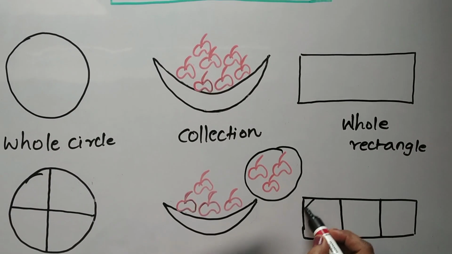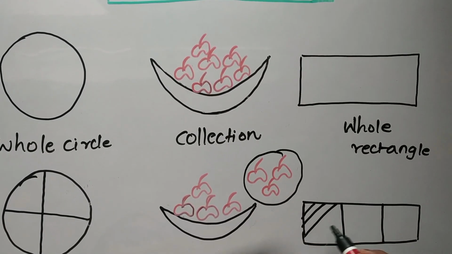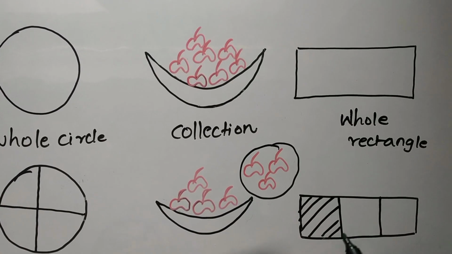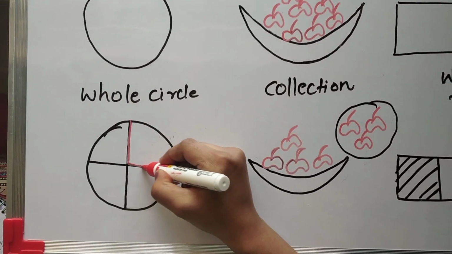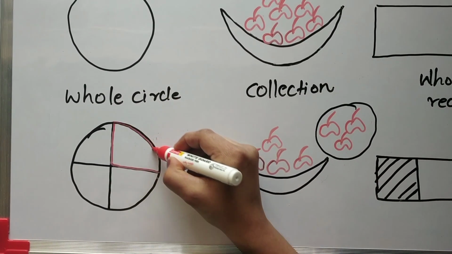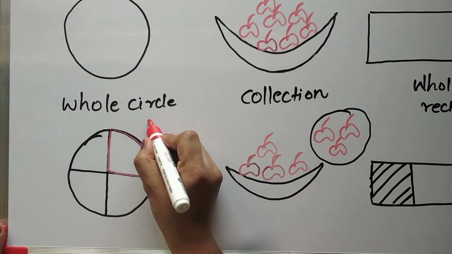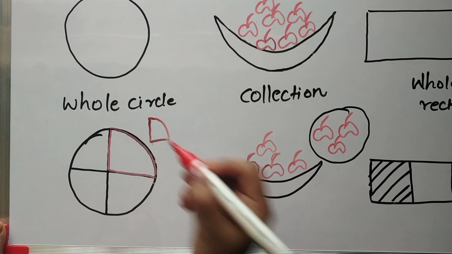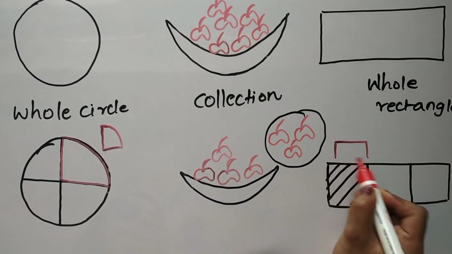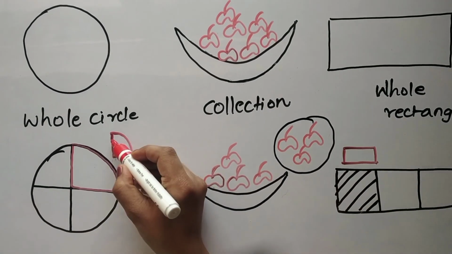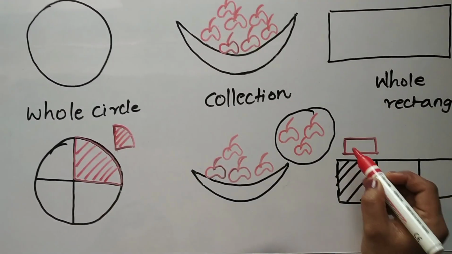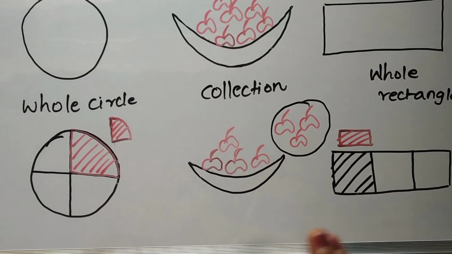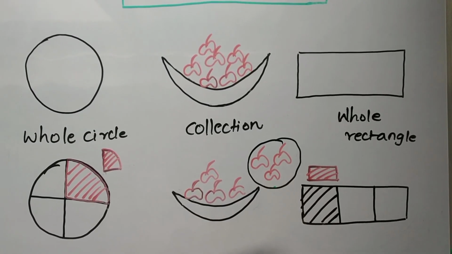Here we are going to shade one part of the rectangle and going to remove one part from the circle. So, what have we basically done?